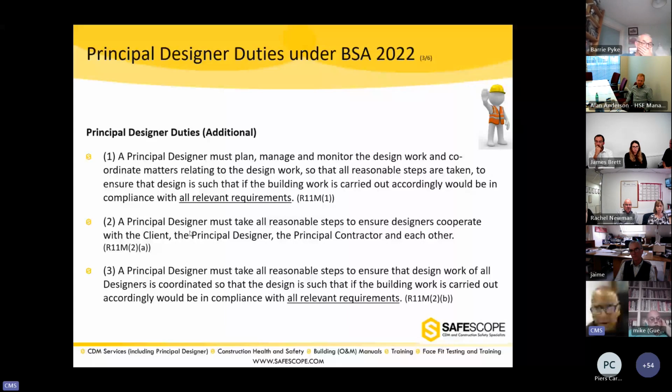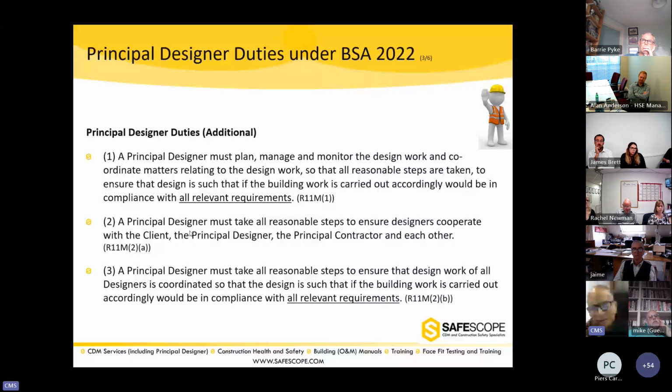That's the main duty on a principal designer, to ensure the whole team is working as one to ensure the building regulations are being complied with. How they would do it is an open question. I don't know the answer at the moment. I will know probably in a few weeks' time, the more I work on it. But at the moment, it's just going through the motions to find out how a principal designer will ensure that happens.